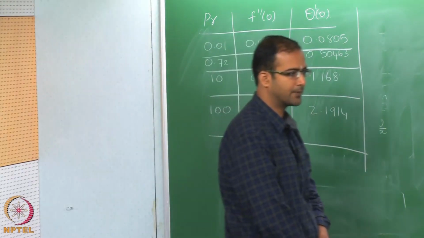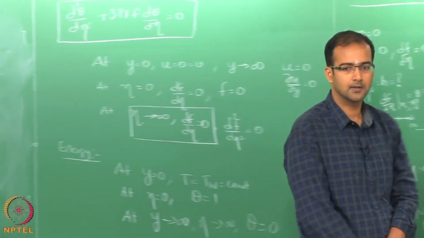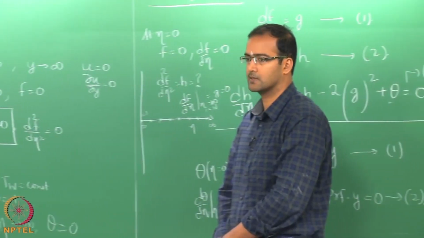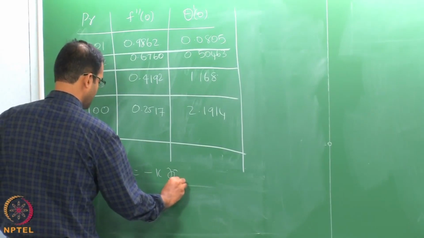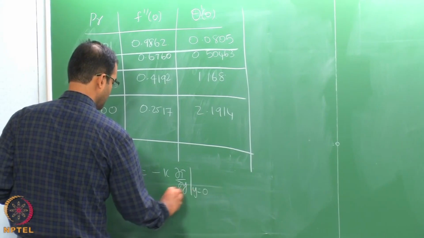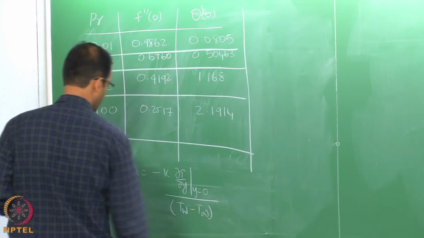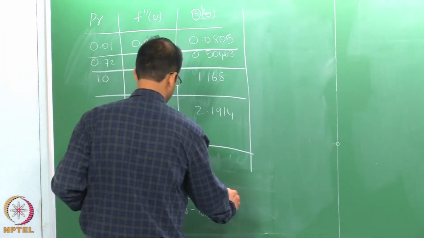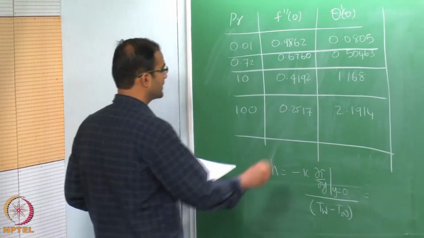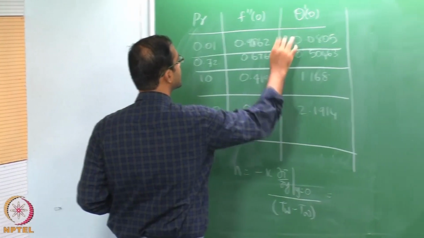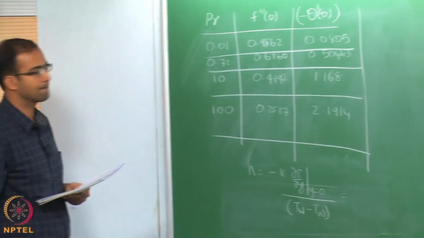So, once you know the temperature gradient at the wall, now you should write down what is the expression for Nusselt number. Yes, so in this case it should be negative, right. So let us say minus of theta dash, that is correct.